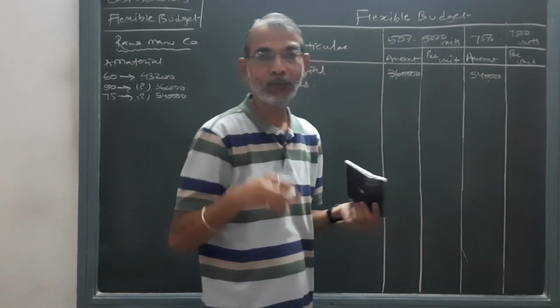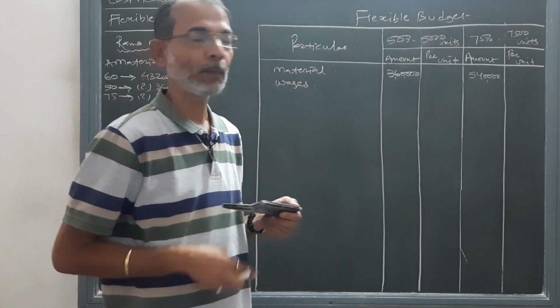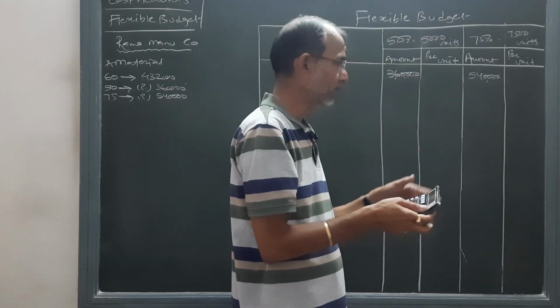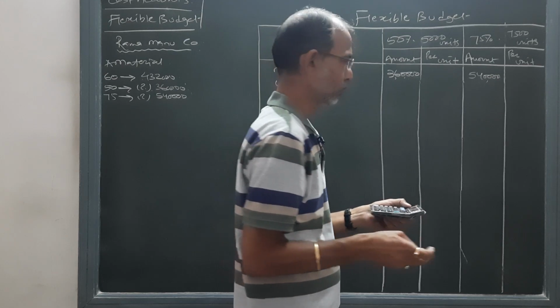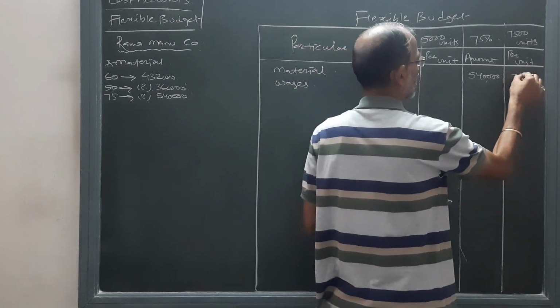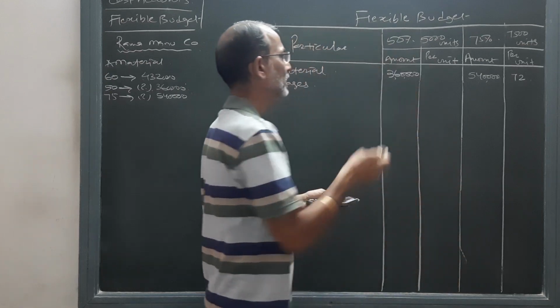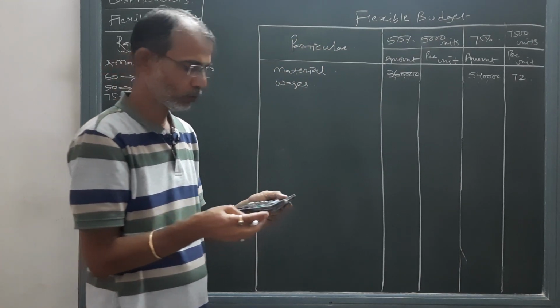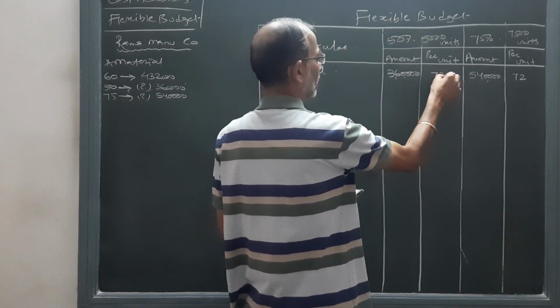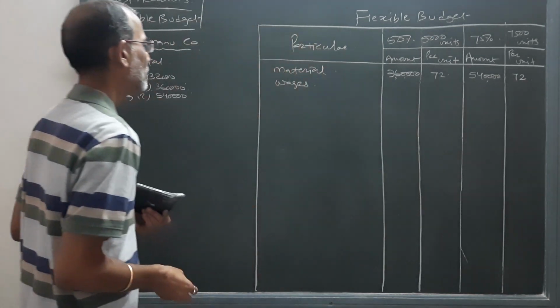Now if I have to find the per unit amount of material, then I will divide 540 by 7,500, so that is 72 rupees, and 360 will be divided by 5,000, and that will also be the same amount.